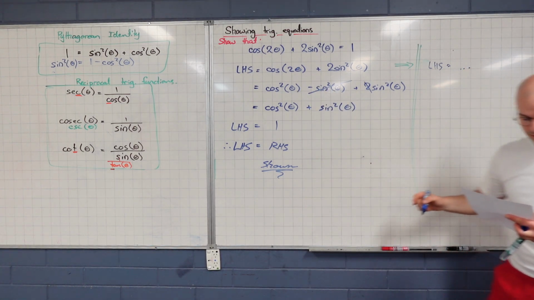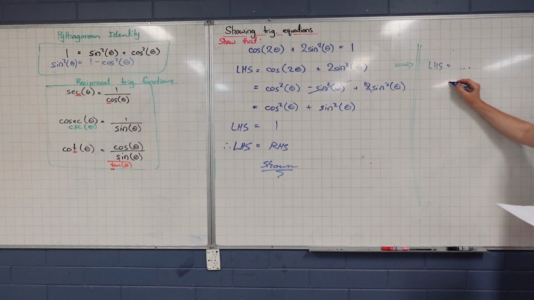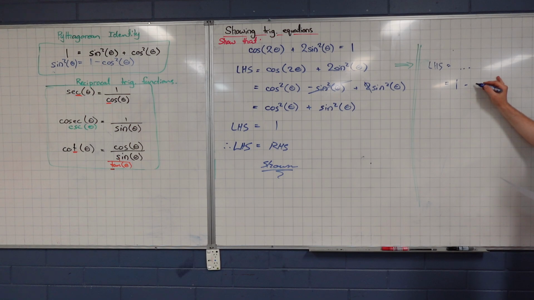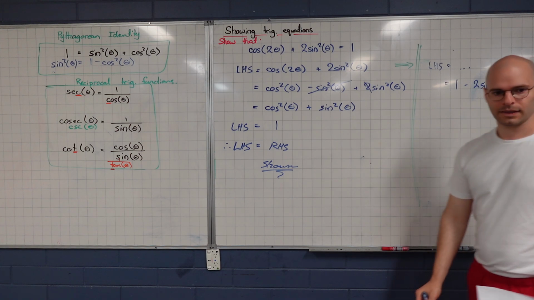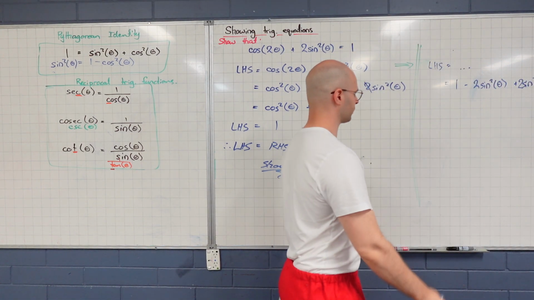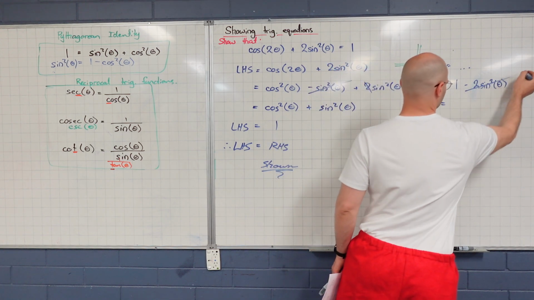Cos 2 theta is going to turn into 1 minus 2 sine squared theta. And then we're going to add 2 sine squared theta.